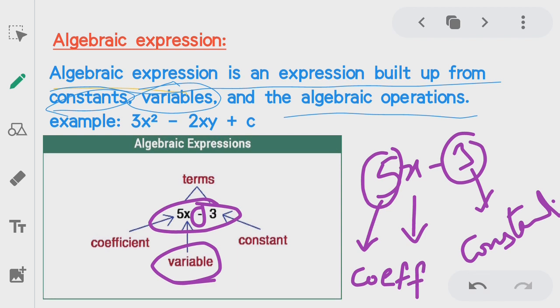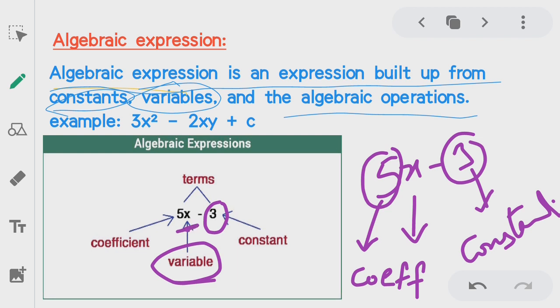So what we have to say? Algebraic expression is an expression built up from constants. What are constants here? This one, 3. This is a constant. And variable. What is the variable here? This x. This x is a variable.